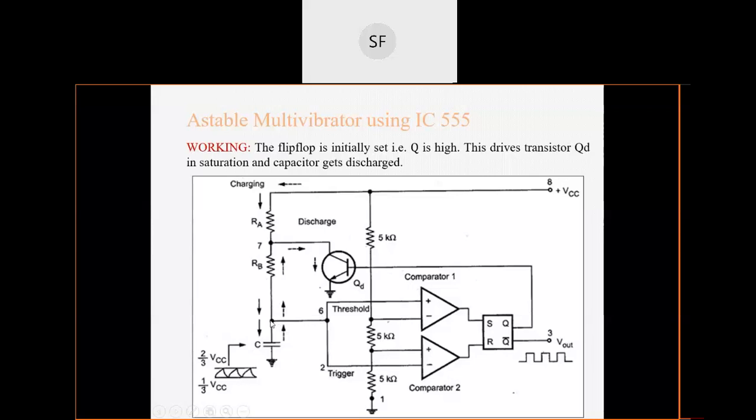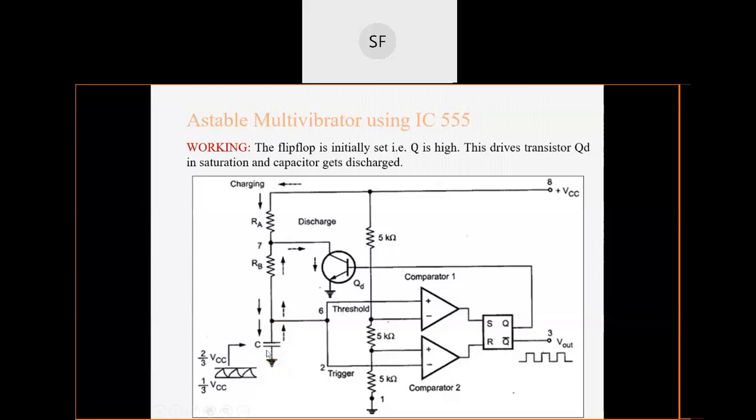So you should remember that voltage across this capacitor is equal to threshold voltage, which is equal to again trigger voltage. So what is the important point here? That voltage across capacitor, because how will you measure the voltage across capacitor? In this fashion. So this voltage across capacitor is nothing but threshold voltage, which is nothing but trigger voltage.